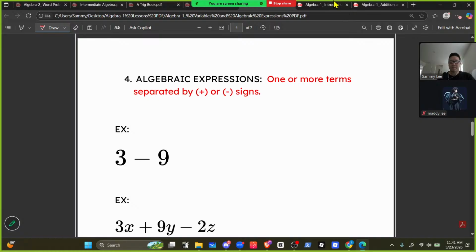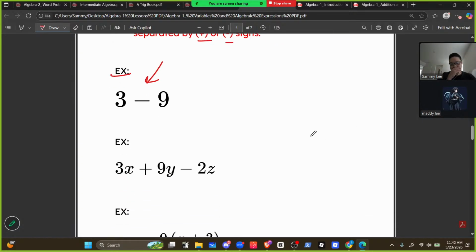And finally, algebraic expressions. Algebraic expressions is one or more terms separated by plus or minus signs. So, okay, it's one or more terms separated by plus minus signs. So, is this an algebraic expression? Yeah, it's two constants.